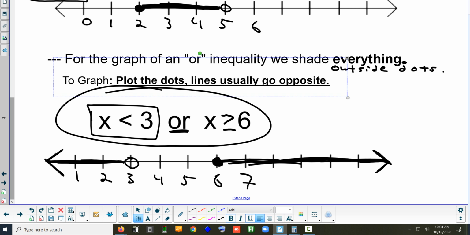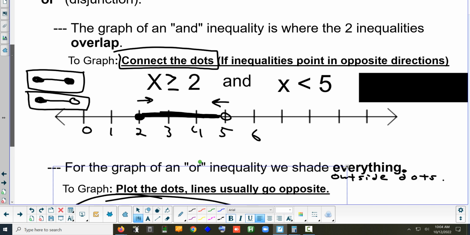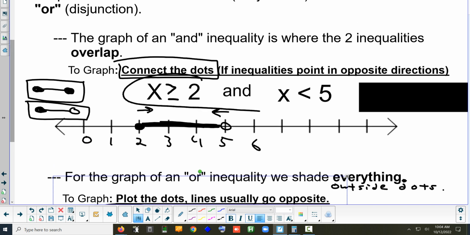This is as simple as you can possibly write something with an OR. But when you have an AND, that thing that I just circled, that's the long way to write it. We don't have to write it out the long way. I'm going to show you how you can take this and write it the short way. And that's what the next 3 blank lines are on your guided notes.